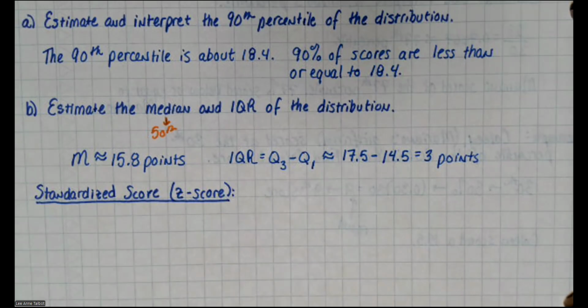Okay, so let me explain Z-score and what it is used for. Z-score is a way to compare stuff that isn't out of the same amount.